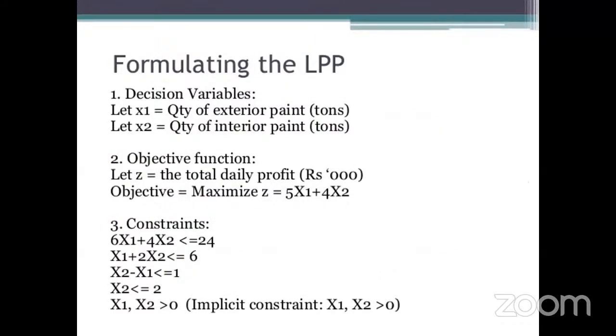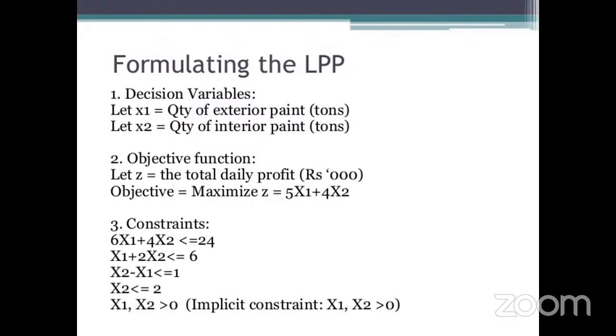You can see here, formulating the LPP, x1 be the quantity of exterior, x2 be the quantity of interior. The objective function is converted as maximize z equals 5x1 plus 4x2. Conditions are, within the table whatever is given to us, that is converted first: 6x1 plus 4x2 less than or equal to 24, x1 plus 2x2 less than or equal to 6.